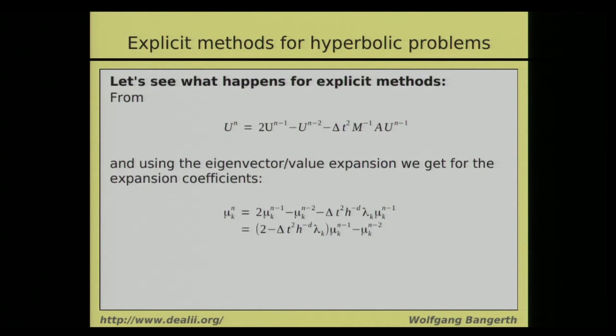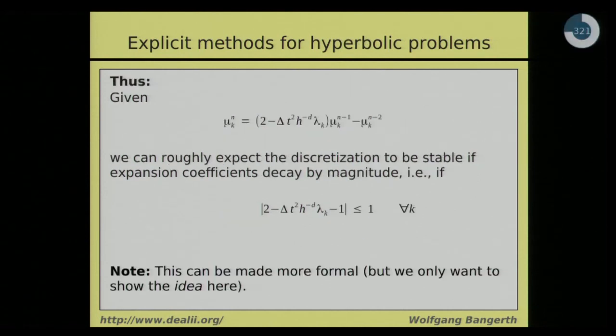If I expand my solution again in terms of expansion coefficients mu_k at time n, and eigenvalues lambda_k, and I replace again M by something like h to the d times the identity matrix, what I find is that I can express the expansion coefficient mu_k at time n in terms of the expansion coefficients at times n minus 1 and n minus 2 by this relationship here. Okay, so let me look at this in some more detail.